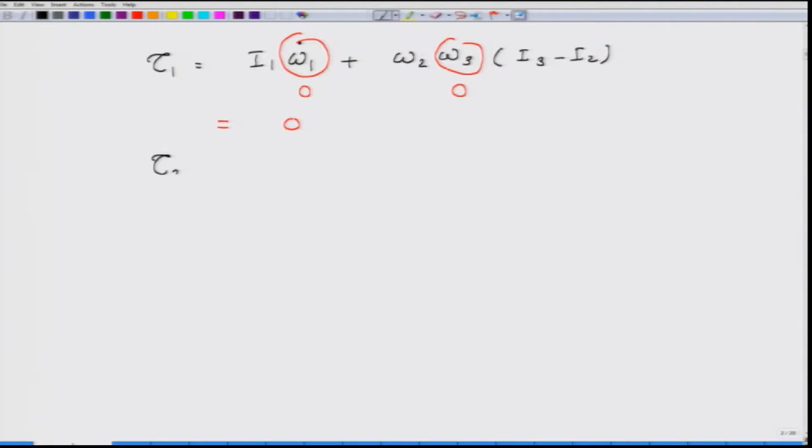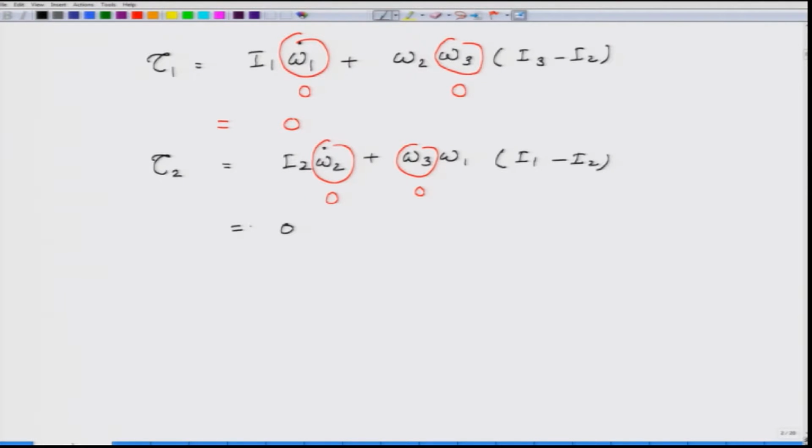Tau 2, that is the torque required in the direction of 2, is going to be I2 omega 2 dot plus omega 3 omega 1 times I1 minus I3, and we again see that omega 2 dot is 0, omega 3 is 0, and therefore, tau 2 is also 0.